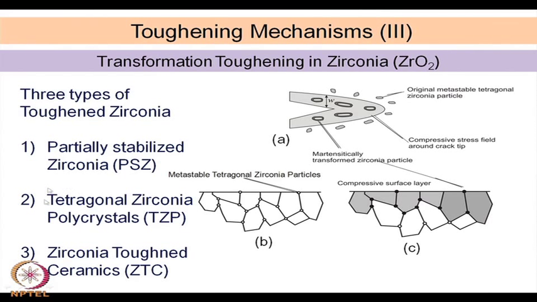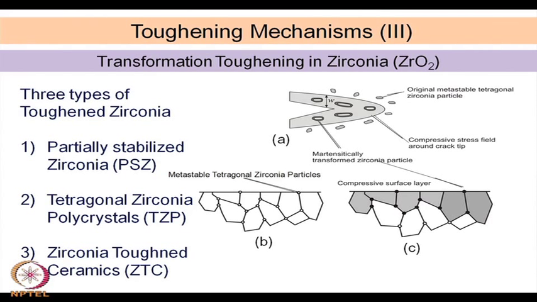So, both of them are tough materials, and there is another group of zirconia related ceramics, which is zirconia toughened ceramics. Okay. Here it is not the matrix of zirconia. Zirconia has been added to other ceramics, maybe alumina, maybe mullite, okay, maybe magnesium oxide.